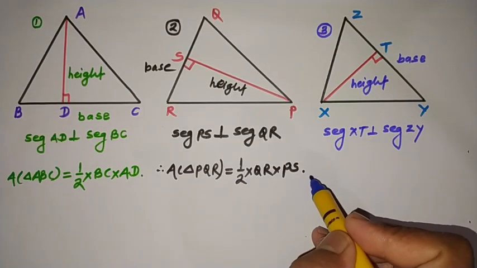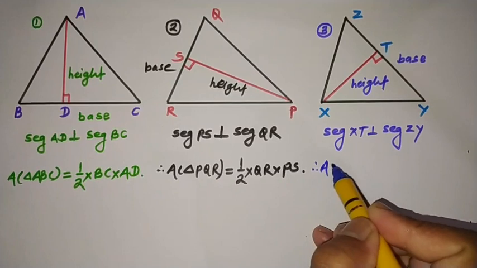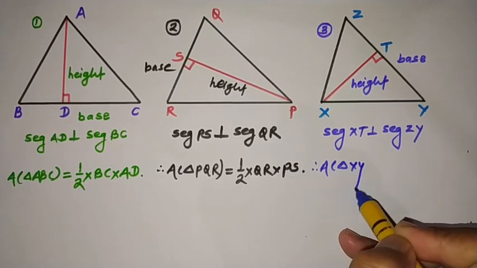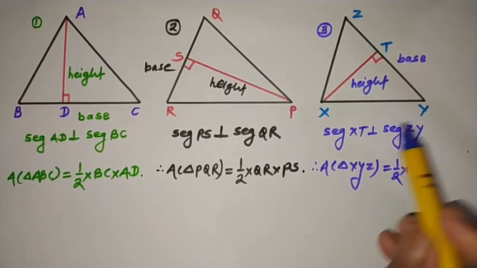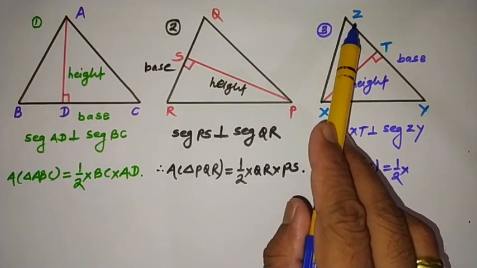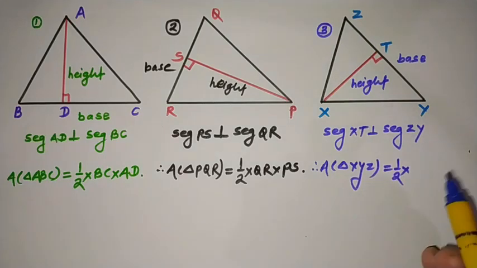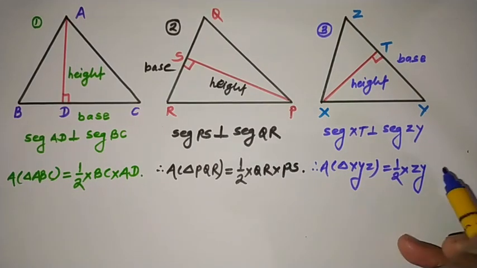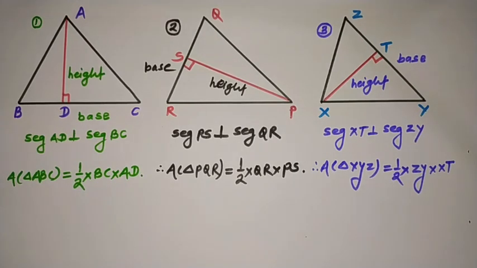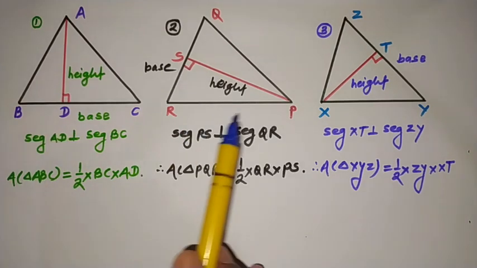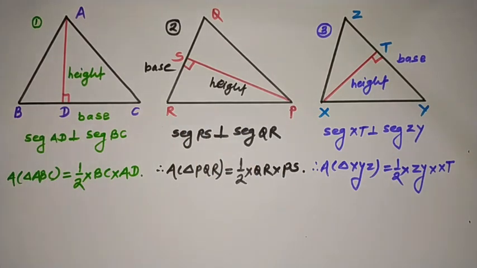Write down the area of triangle XYZ is equal to 1/2 base into height. Here ZY is the base and height is XT. In this type of figure, the positions of heights and bases are different.